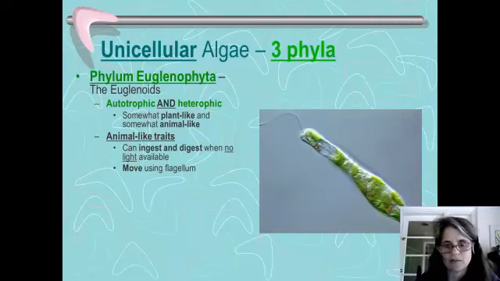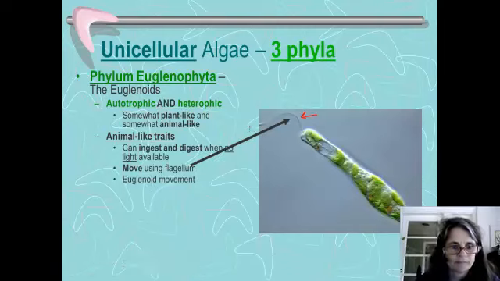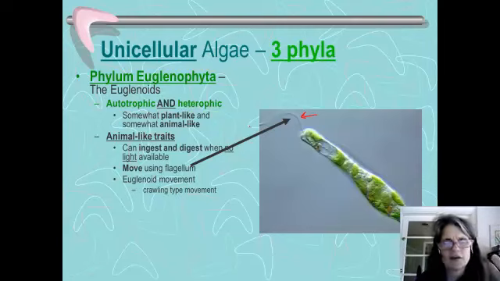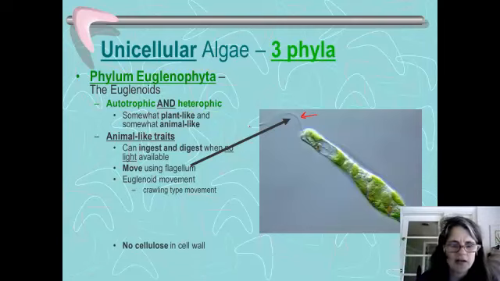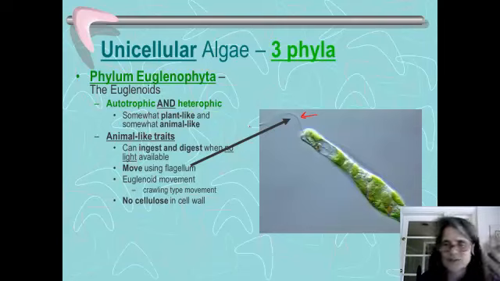It uses a flagellum, which you should be able to see right there if you look. It also can move in a different way by something called euglenoid movement. It's a crawling or creeping type of movement, often done when conditions are not very good. Maybe the water is too viscous or something, it can resort to this creeping type of movement.